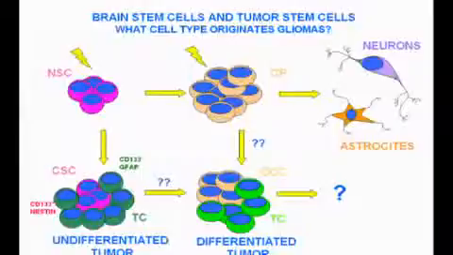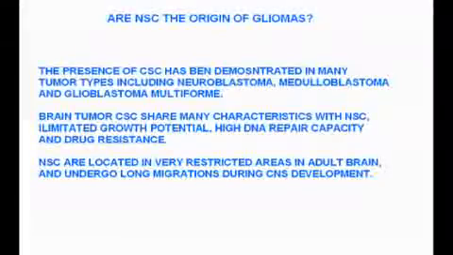This is not clear yet, but I think more and more data is accumulating to confirm this pathway, that most of the tumors are generated in a cell that is multipotential and has a high mitotic capacity, not activity, because one of the characteristics of these cells is that they can grow very slowly and they are really resistant.